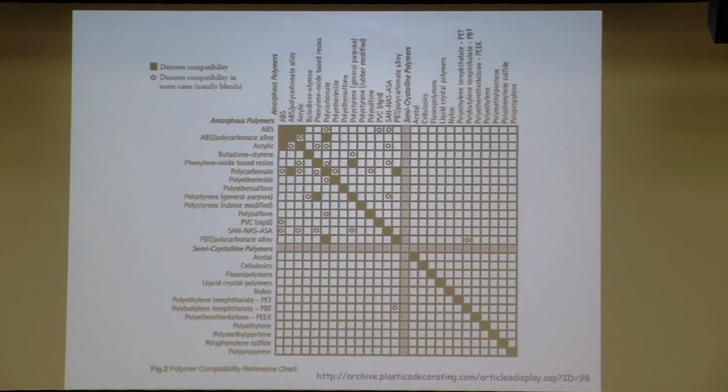You make a park bench out of it, or engineered lumber out of all that jumble of polymers, because you can't make anything good out of a polymer blend unless you're lucky enough to hit one of these compositions. The entropy of mixing is very low for polymers, so they usually don't like to mix. We'll get to that in a sec, because you know I like to talk about entropy.